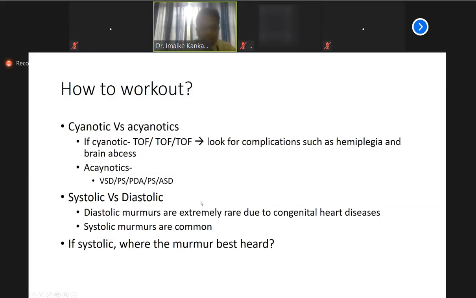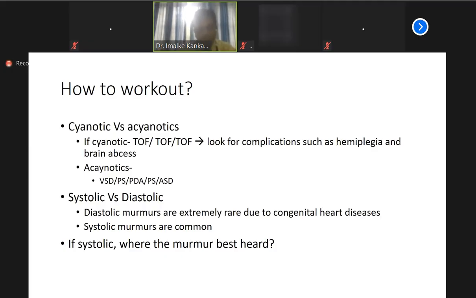Systolic and diastolic murmurs: diastolic murmurs are extremely rare due to congenital heart disease. Keep that in your mind, because diastolic murmurs are very difficult to hear in the presence of a heart rate of 100. There's no diastolic time, so you can't hear them.